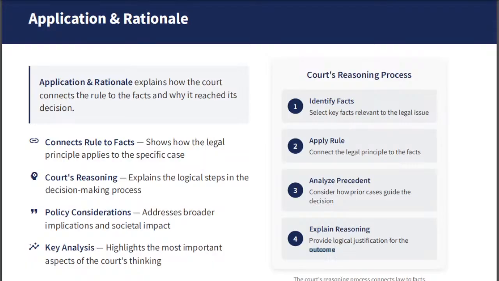So again, this is explaining how a court connects, that's your nexus here, the rule of law to the facts and why it reached its decision. So the application and rationale, this is where the higher level of reasoning comes in, and you're able to connect all of these different elements together, the reasoning, the policies, and the rules and facts.